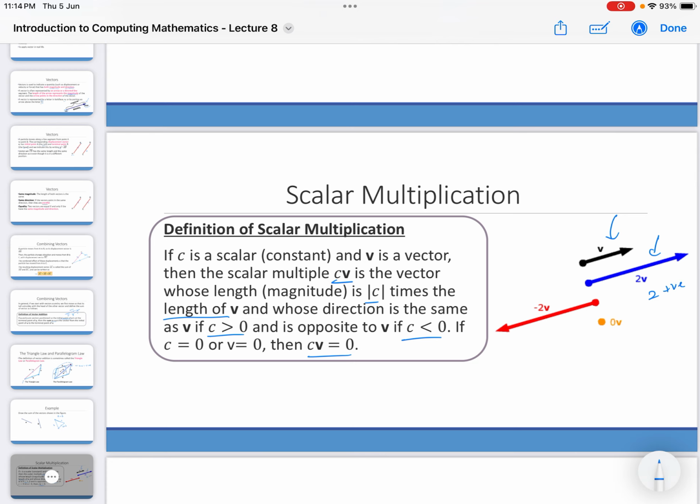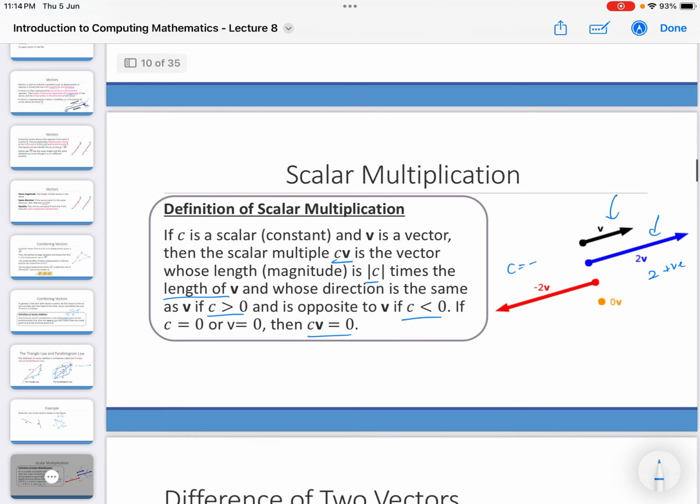Okay, let's say now we want to multiply by negative 2. So now C equals negative 2. If you look at this, the absolute value of C equals 2. So the length of vector negative 2V is still double the length of vector V. But now the direction is pointing in the opposite direction of vector V. So that's why we have this one towards the opposite direction.